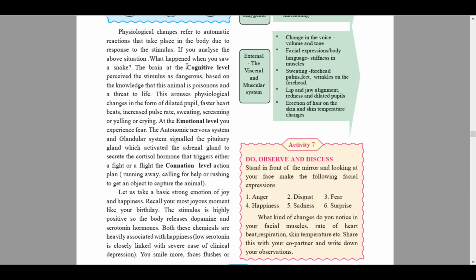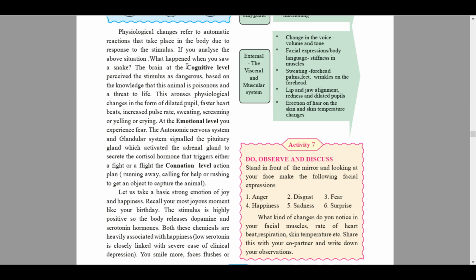Then we have our emotional level. At the emotional level, you experience fear, immense fear, that that animal is dangerous. The autonomic nervous system and glandular system signal the pituitary gland, which activates the adrenal gland to secrete the cortisol hormone that triggers either a fight or flight emotion.